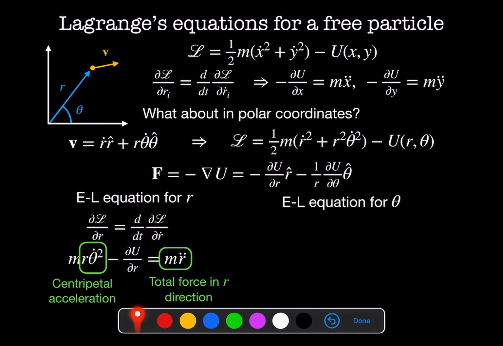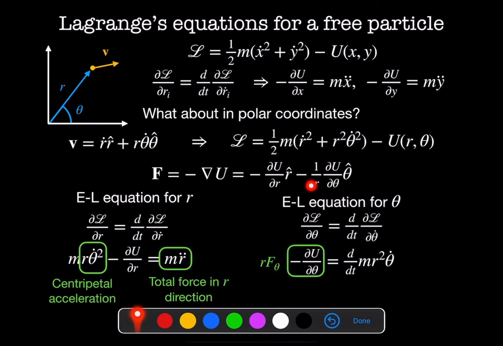And the Euler-Lagrange equation for theta: dL by d theta is equal to d by dt of dL by d theta dot. We have minus the derivative of U with respect to theta is equal to d by dt of m r squared theta dot. You'll notice this term here is equal to the force in the theta hat direction times r.